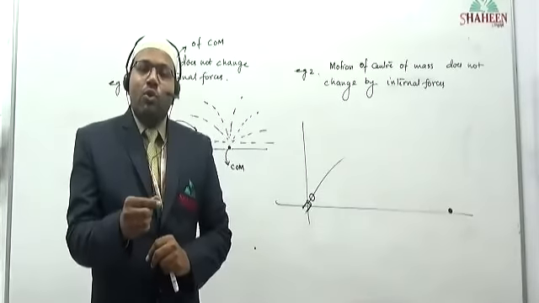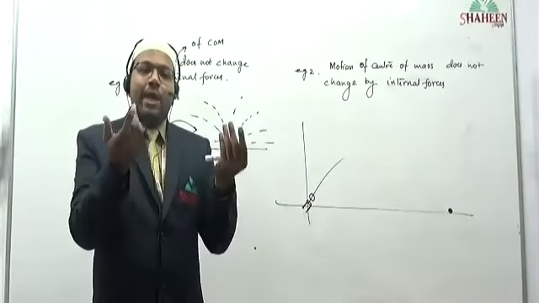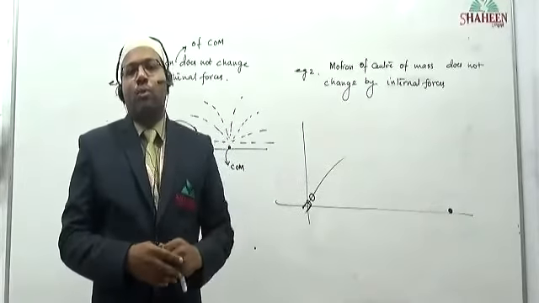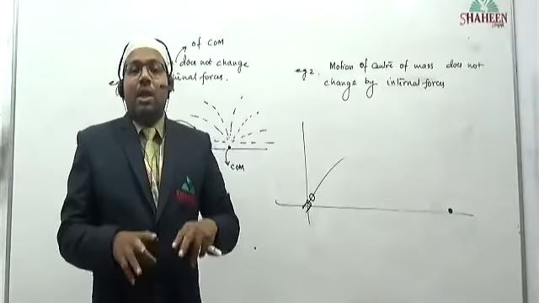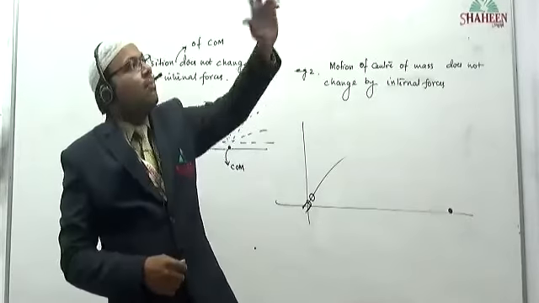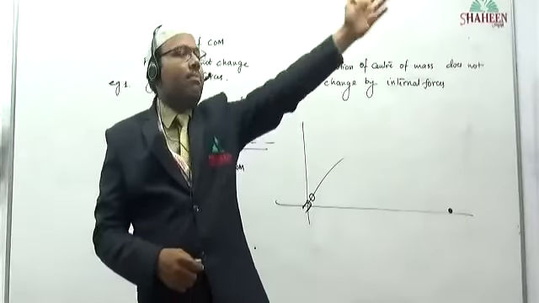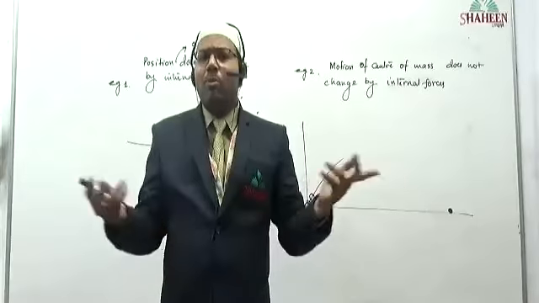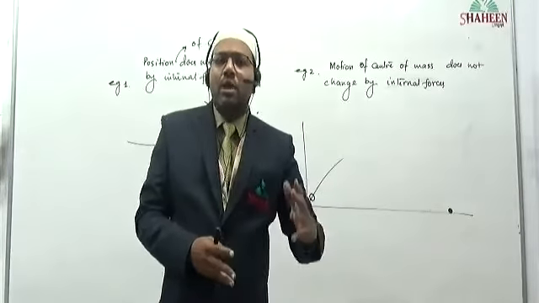Sometimes what happens, if suppose some delay is there, the bomb explodes in the hands of that particular person who is trying to throw. Sometimes it explodes in the mid-air itself, and sometimes it reaches the target. Bomb does not know whether it has reached the target or not.